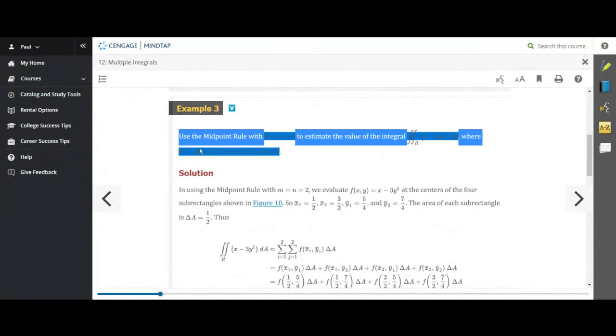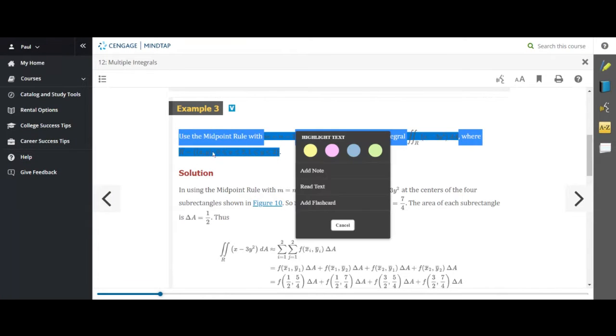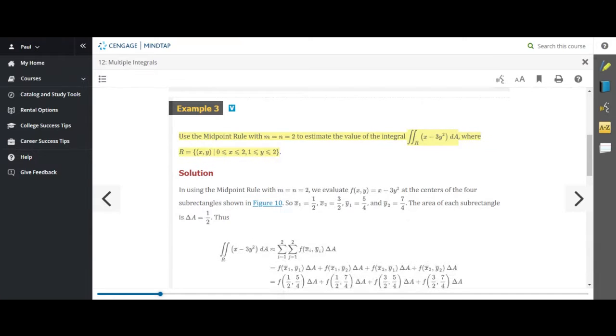But here in example 3, they want you to use the midpoint rule with 4 rectangles, because m equals n equals 2, to estimate the value of that double integral.